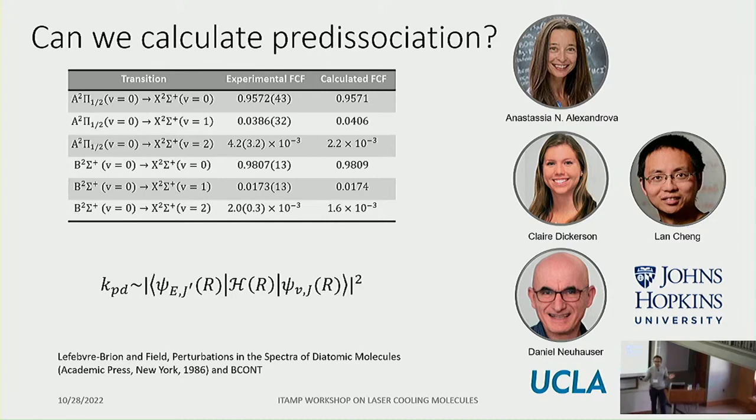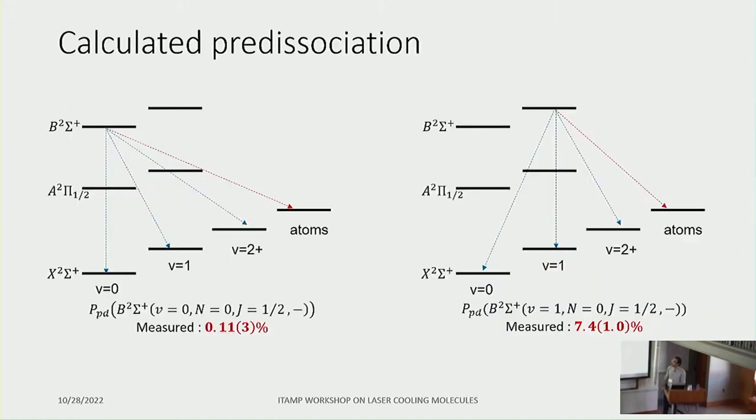I will leave it to Claire to shed some more light on that. But basically, Claire did the calculations. This is preliminary, still work in progress, but what she finds has very good, or within order of magnitude, agreement with our experiments. In fact, the most striking thing is that theory also predicts this order of magnitude higher predissociation rate.